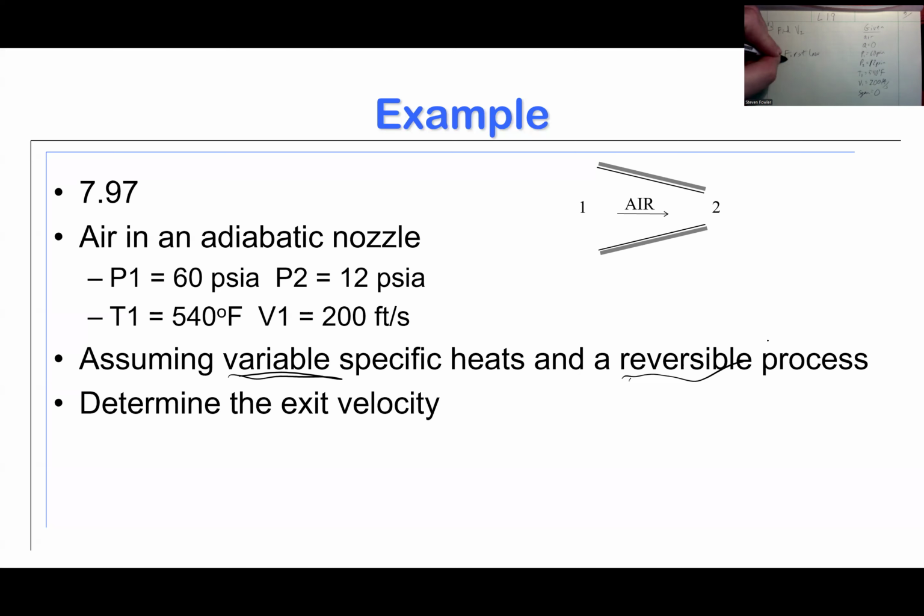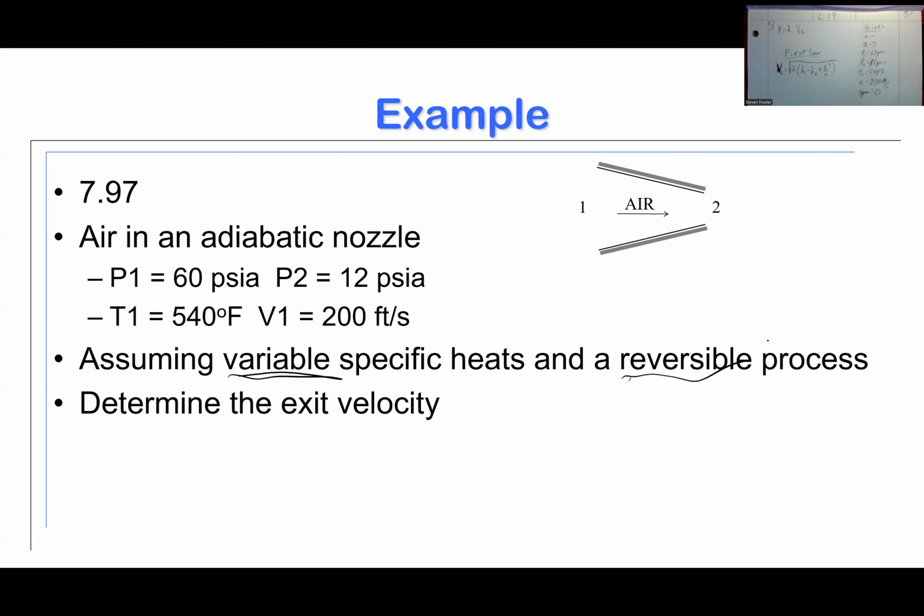Go back and watch lecture 19, example 2, if you want to know how I got to this conclusion.